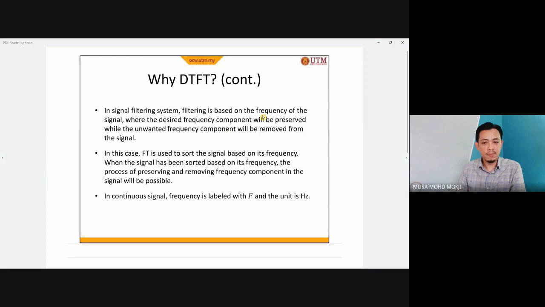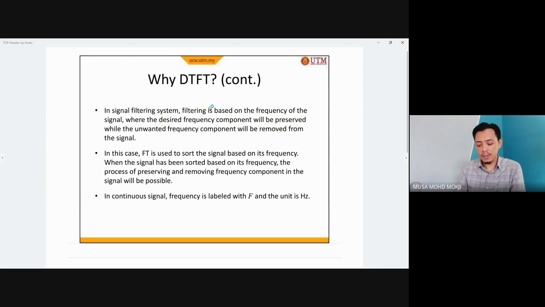Frequency. We will work on frequency, after Fourier says that we can decompose our signal into frequencies. We are working on the frequencies now, because of Fourier, where the desired frequency components will be preserved while the unwanted frequency components will be removed from the signal. That's filtering.